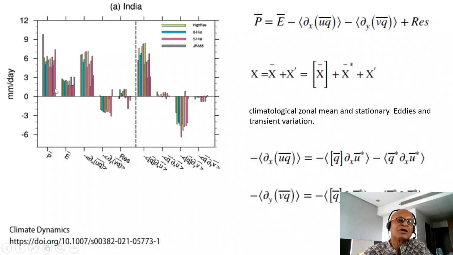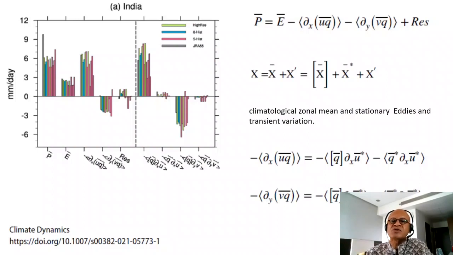And the main point I would make is that models differ in these kinds of moisture budget details of climatological, zonal mean, stationary eddies, and transient variations, which is consistent with the dynamics, thermodynamics, precipitation efficiency, convective parameterizations, and so on, because there is a feedback from the convective parameterization converting into rainfall versus moisture demand instabilities and so on.